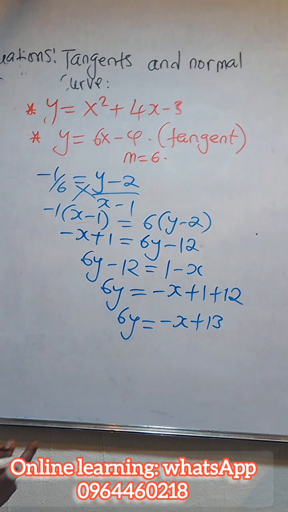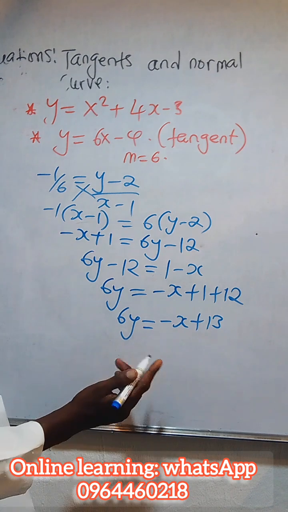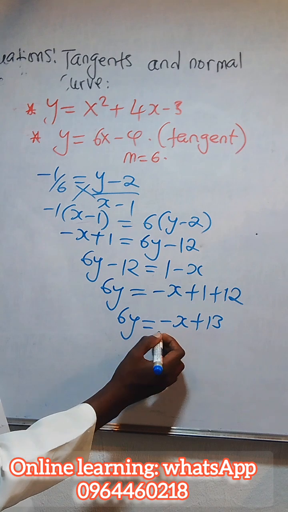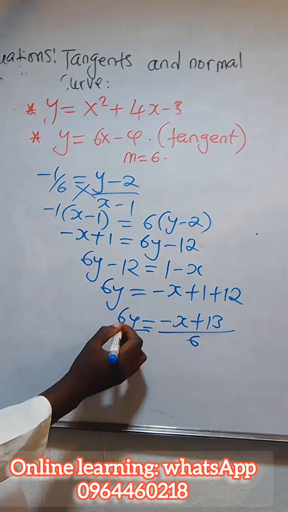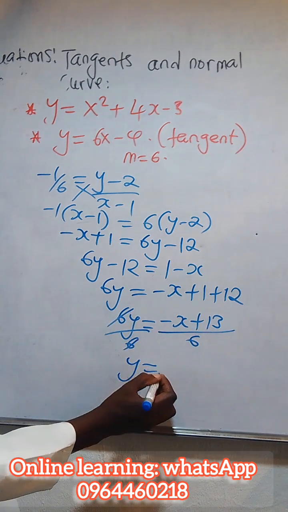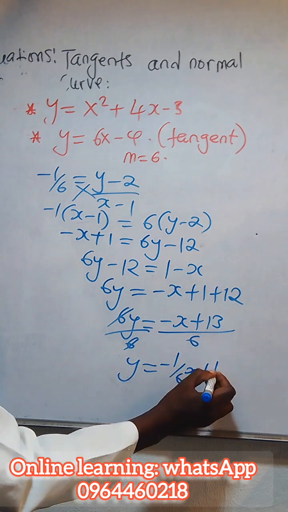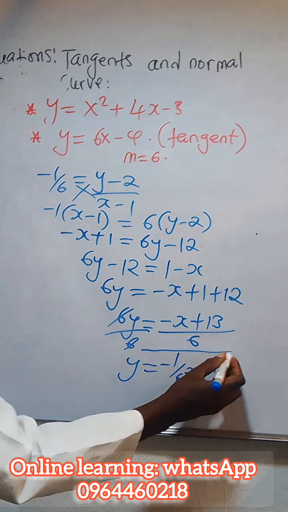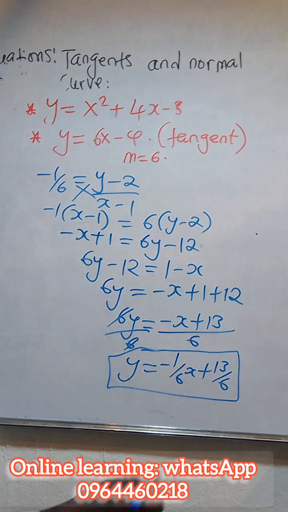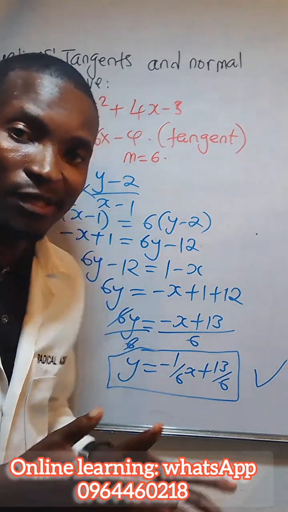Of course, you can make y the subject, so you divide both sides by 6. So y is equal to negative x over 6 plus 3.